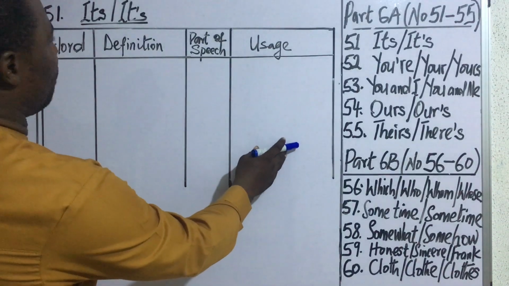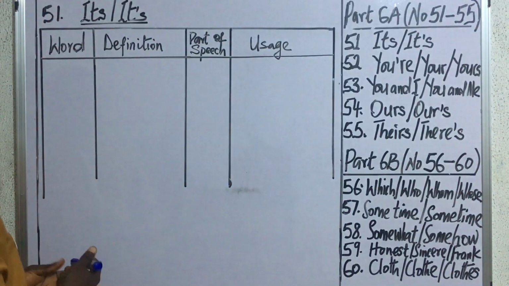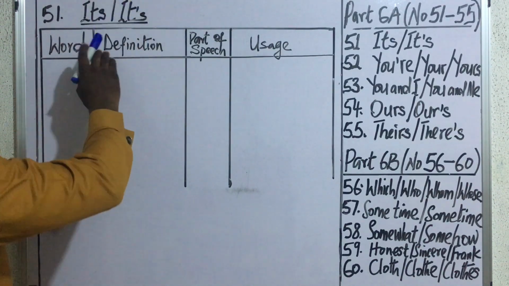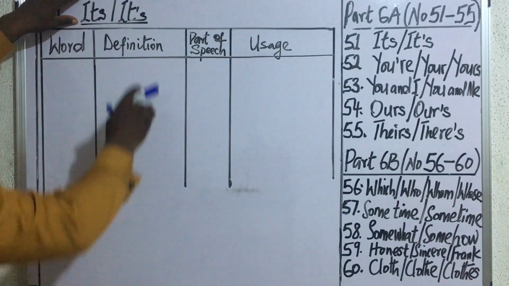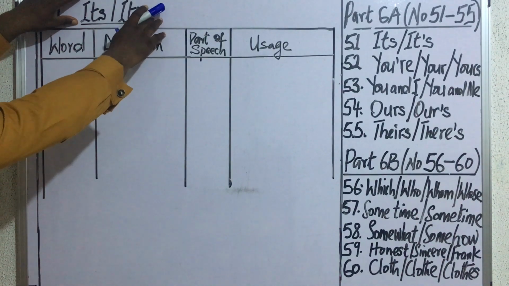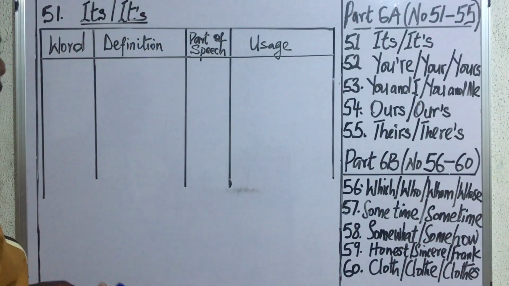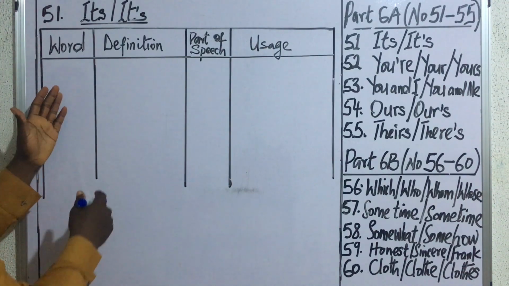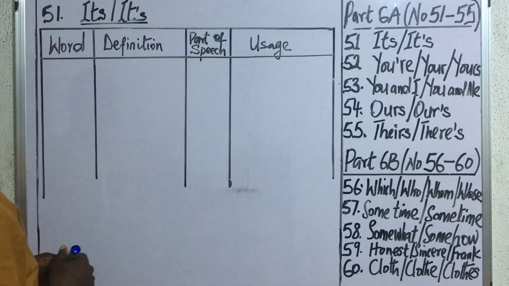The first set of words that we want to discuss in this episode includes its and it's, that is the one without apostrophe and the one with apostrophe. And the approach we want to use for this analysis is what you already have here on this table.